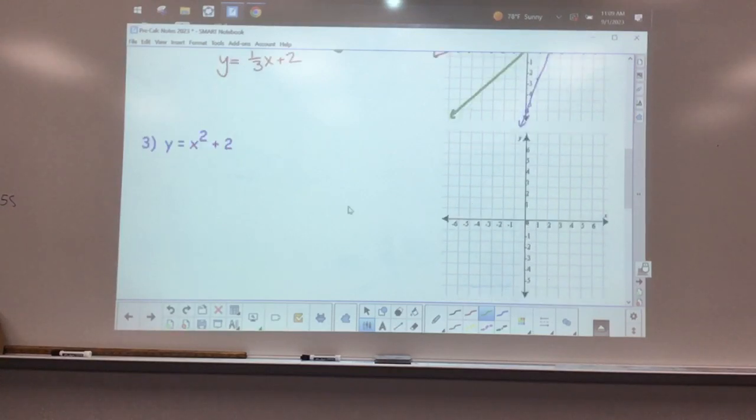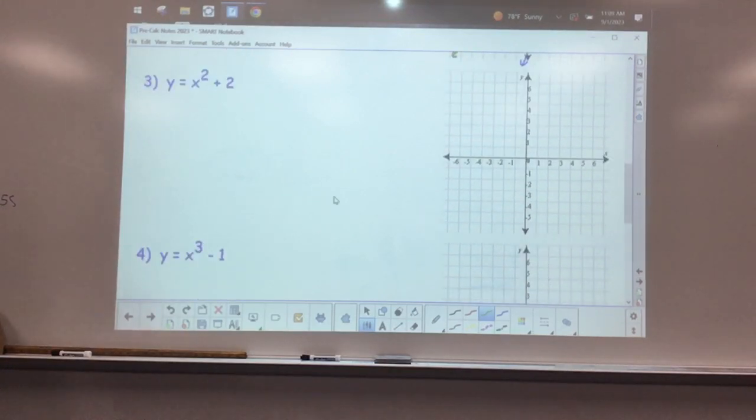Let's extend the idea. Graph by hand y equals x squared plus 2. You should know what the shape is. Good. A U shape. What's the plus 2 do?